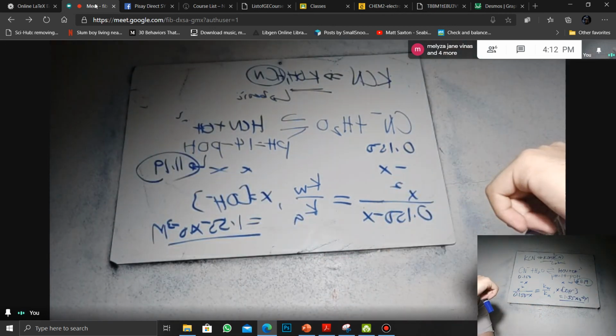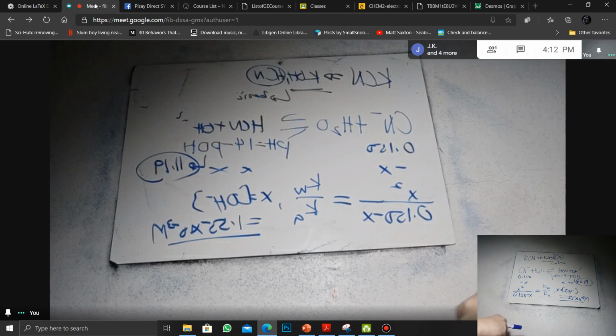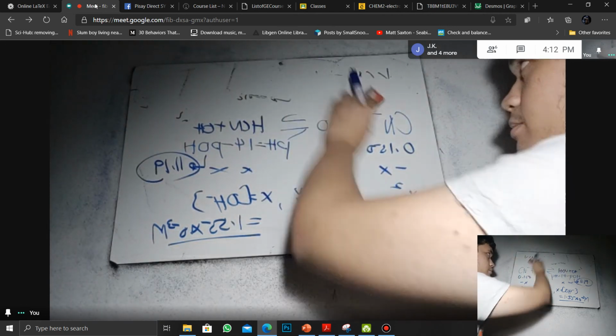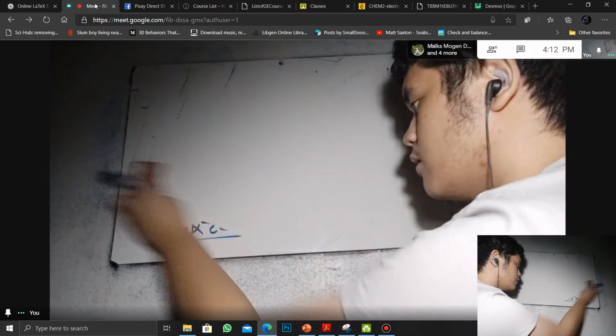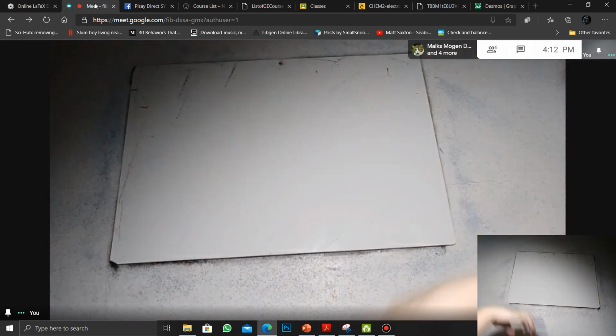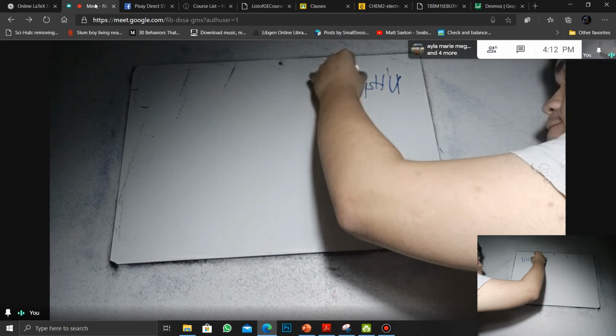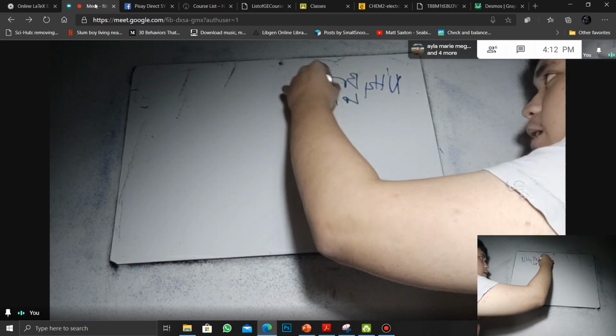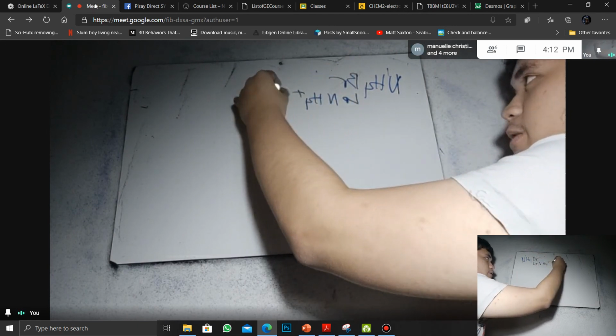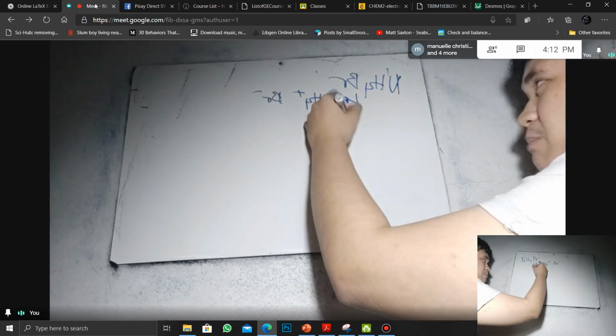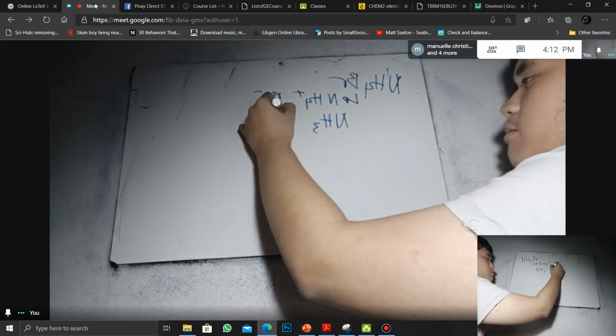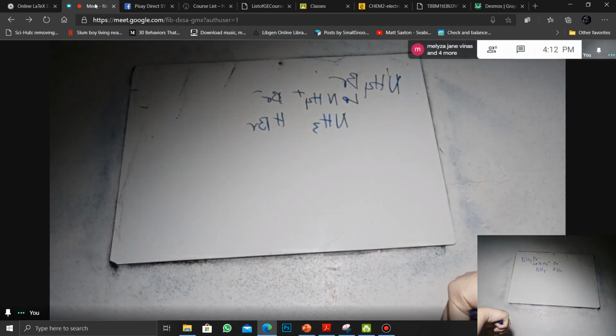Next, letter B. Letter B. NH4Br. Diba? NH4 plus, tsaka Br minus. Pag ginawang base, NH3, ito HBr, diba? Pag nilagay sa tubig, ito, hindi na ito magre-react, no?